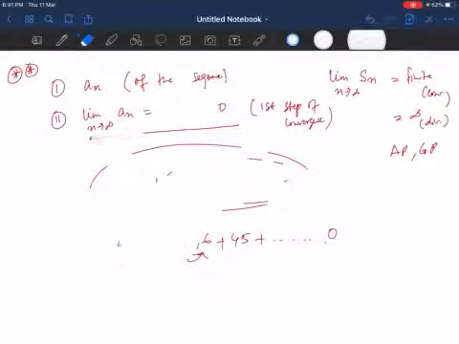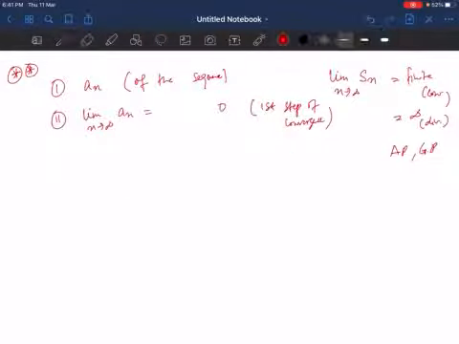Now the second step is the ratio test. This step will finalize and tell you whether the given series is convergent or divergent.